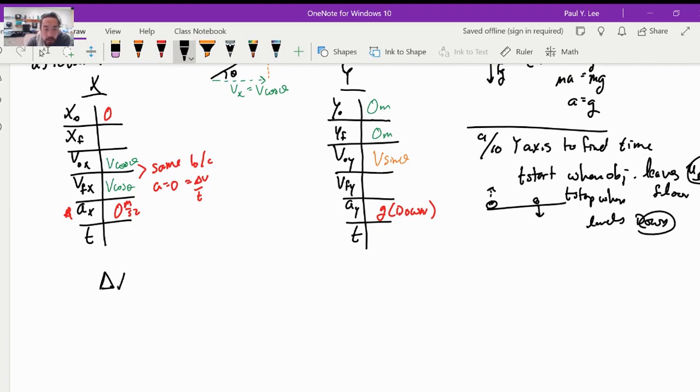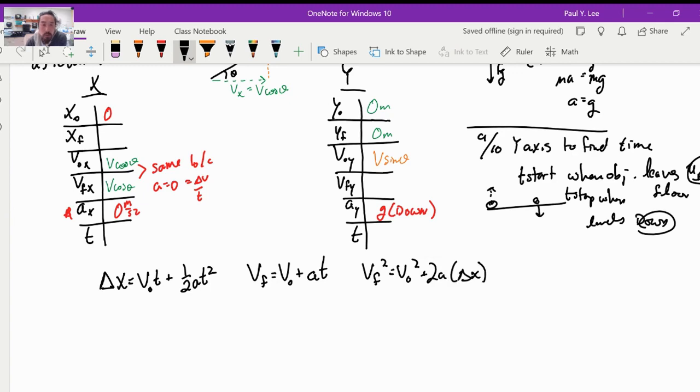We have delta x is equal to v initial times time plus 1/2 a t squared. V final is equal to V initial plus acceleration times time. V final squared is equal to V initial squared plus 2a delta x. So those are the formulas that we will be using throughout this entire video.